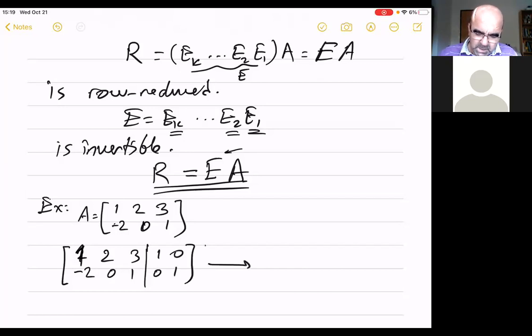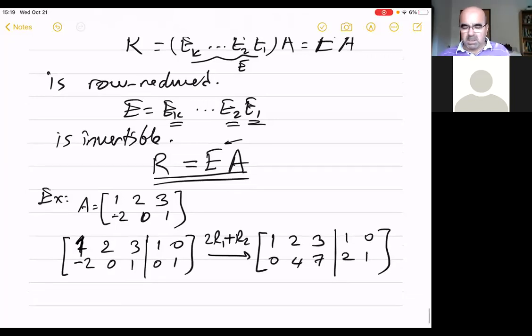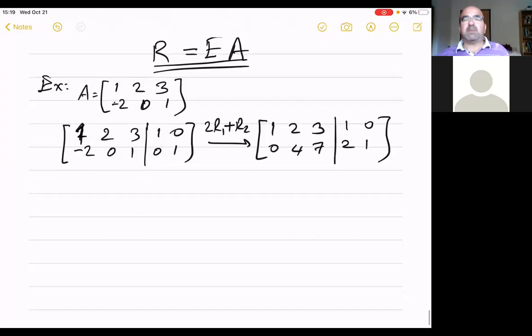If you multiply row 1 by 2 and add it to the second row, you have 1, 2, 3, 0, 4, 7, and 1, 0, 2, 1.